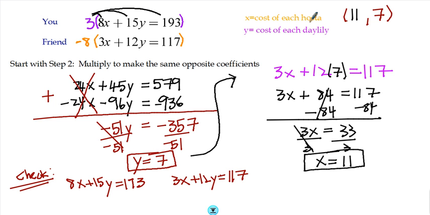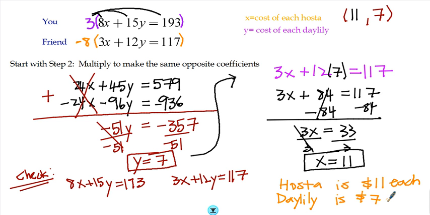X is the cost of each hosta, and that means hosta is $11 each, or it costs $11 each, and daylily is y equals 7, so $7 each.